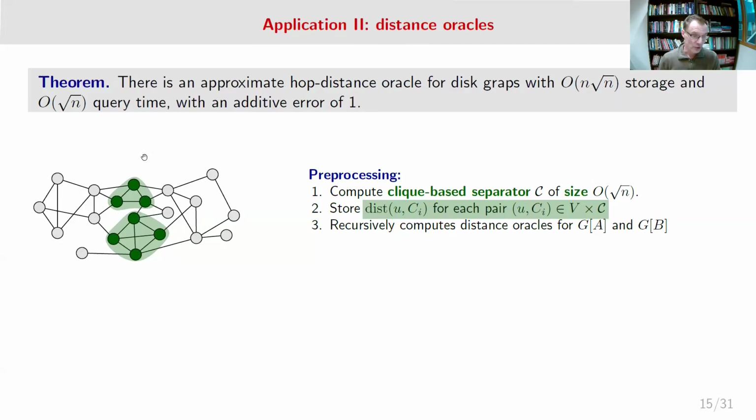Now the separator has many nodes, but only square root of n cliques. So instead of computing for this node the distance to each of the nodes here, I compute the distance to each of the cliques. So that's what you see here. For every node U and every clique Ci, I compute the shortest distance to any node in the clique. And then I recursively compute distance oracles on the left side and on the right side.